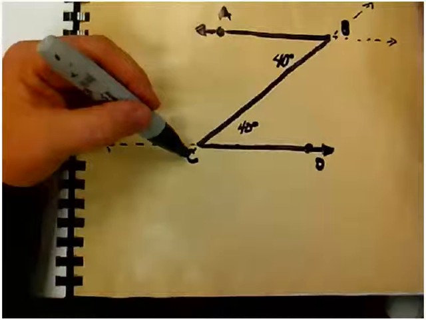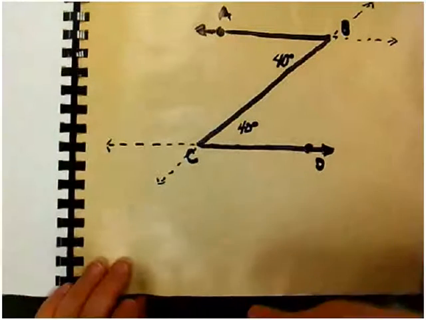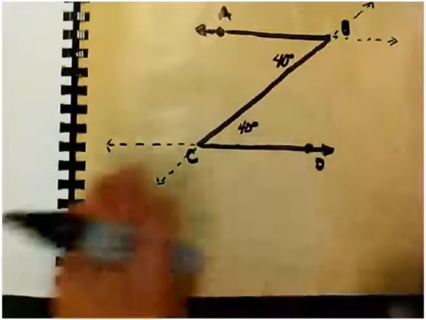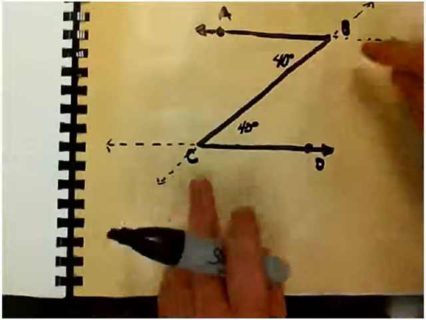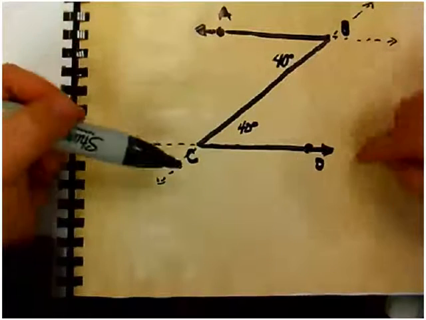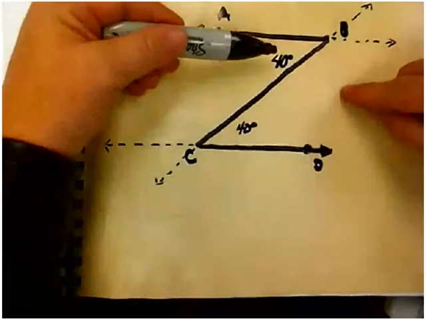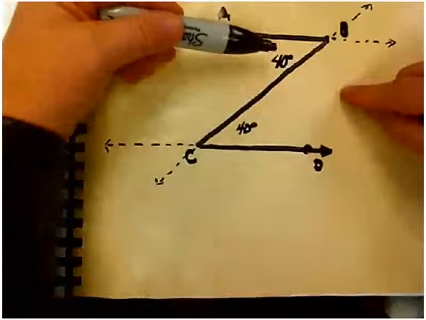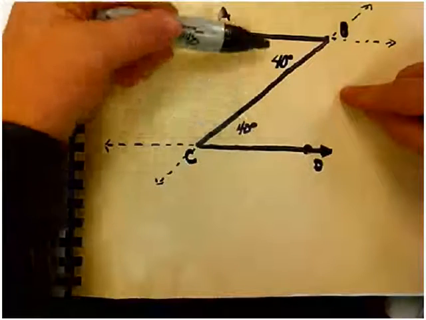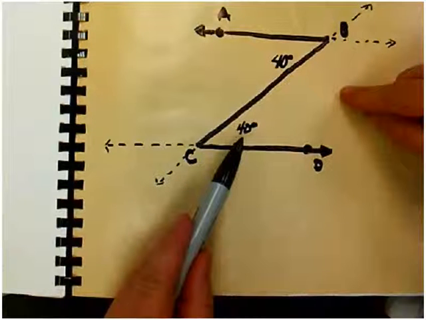And down through C, through 8 o'clock, it could extend down into infinity. And now you have a transversal. Your BC is your transversal of AB and CD. You see that? So then they're alternate interior because they're on the inside of your parallel lines on opposite sides of your transversal.